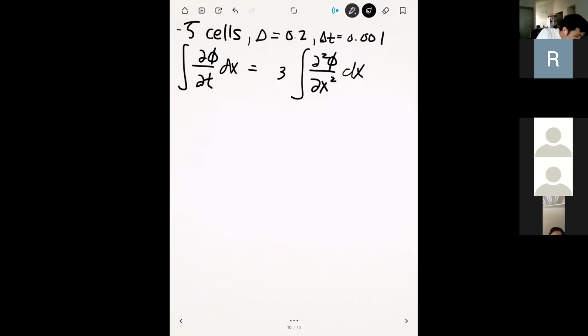Notice our integration is in dx. That's going to be important because our first term here is a derivative in time. So if we take the integral of this dx, then that doesn't change anything. So we can just directly evaluate this with trapezoidal rule.